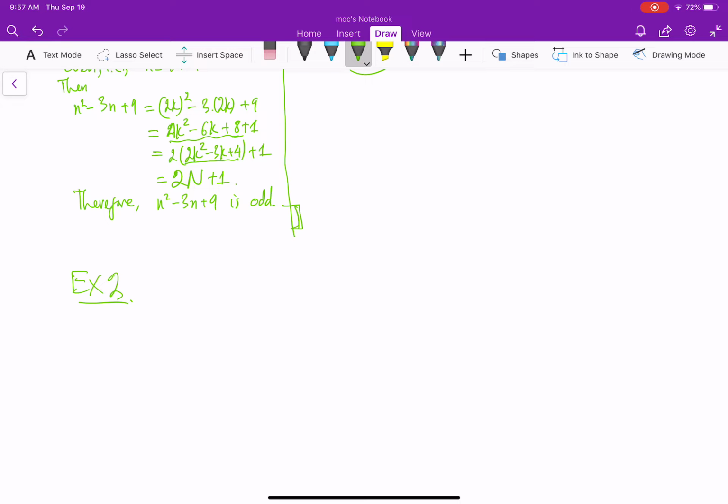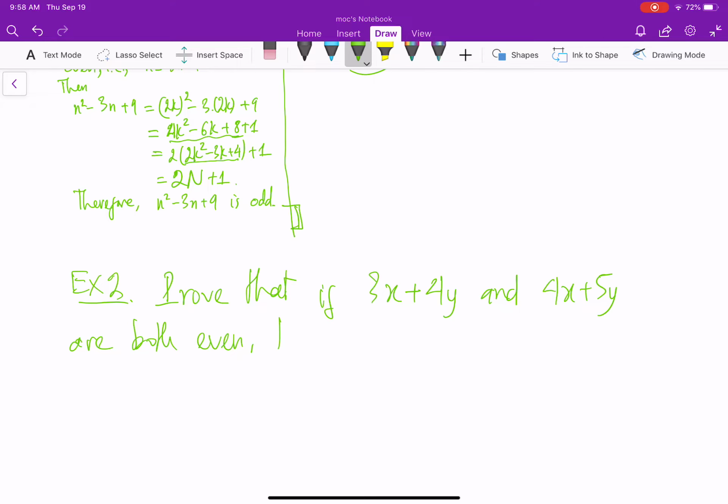Prove that if 3x plus 4y and 4x plus 5y are both even, then x and y are both even.